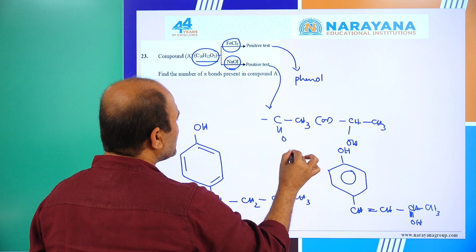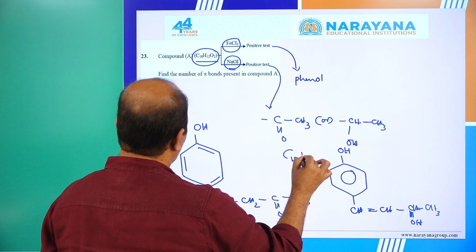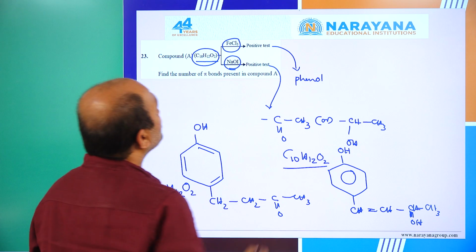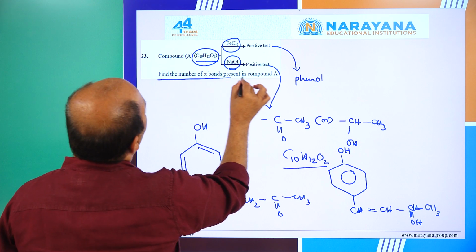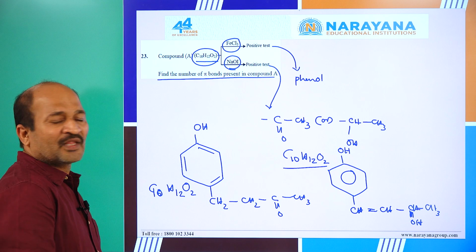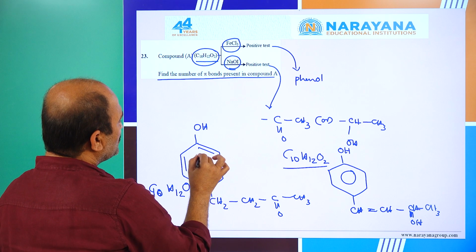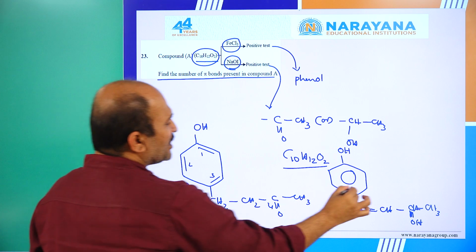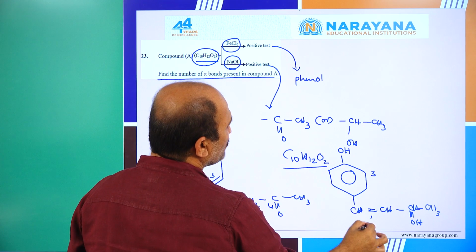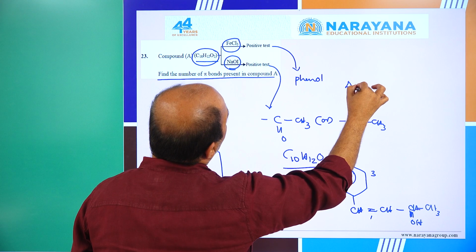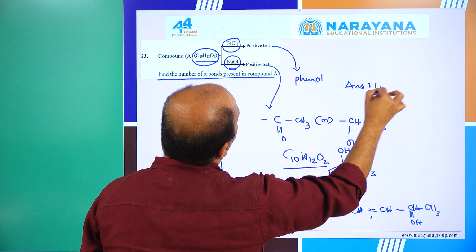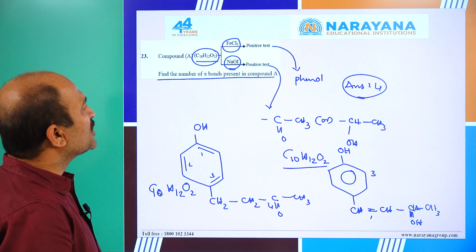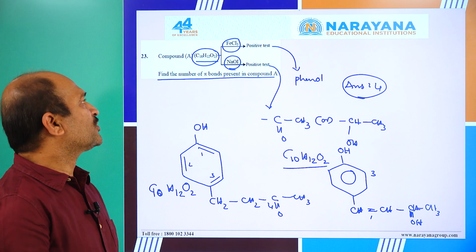So it also matches the formula C10H12O2, right? Here, find the number of pi bonds present in compound A. Here how many pi bonds? 1, 2, 3, 4. Here also 3 and here is 1. So the answer for this question is 4. The total number of pi bonds is 4.